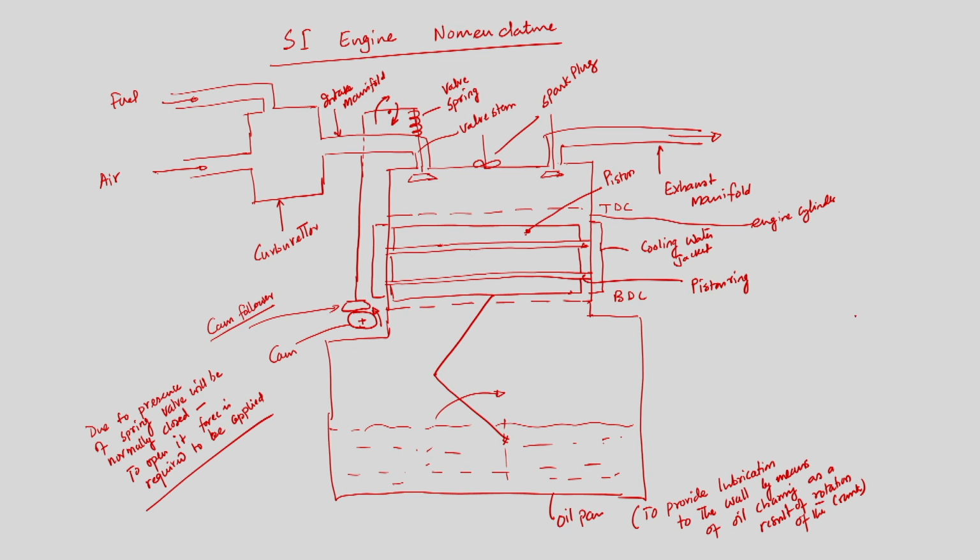Now the piston ring is provided. See, if I draw the piston, it is essentially a cylindrical piston, right. So the piston ring is provided at the periphery of the piston, because there will always be friction between the piston and the engine cylinder.